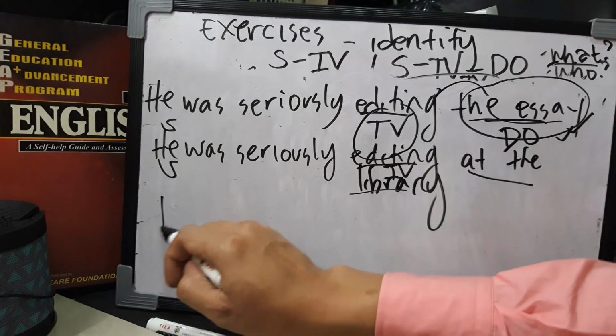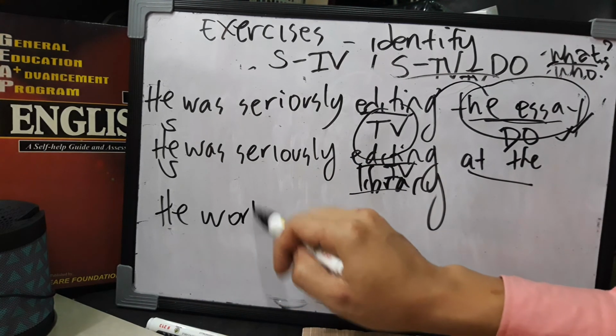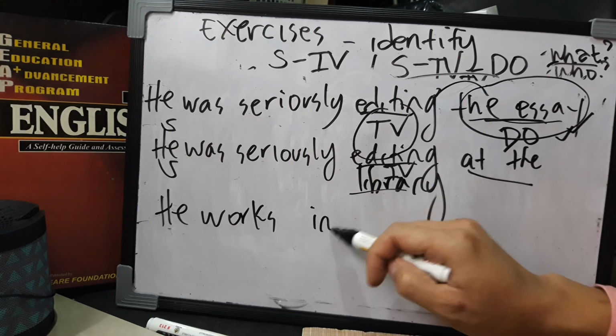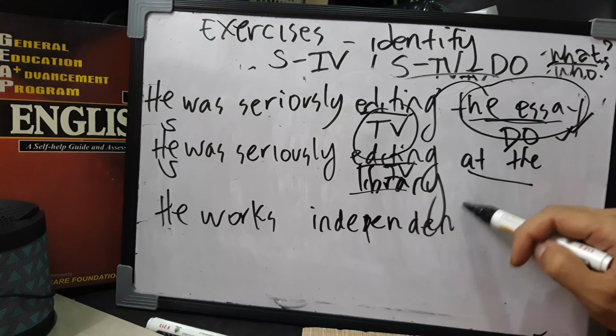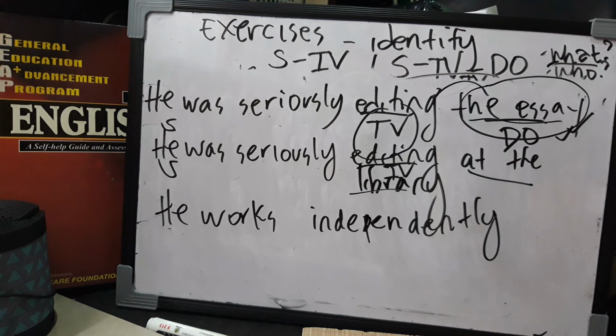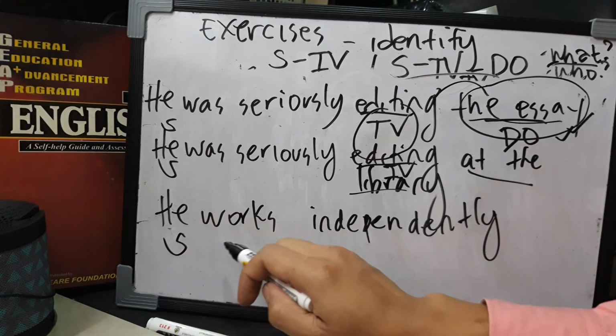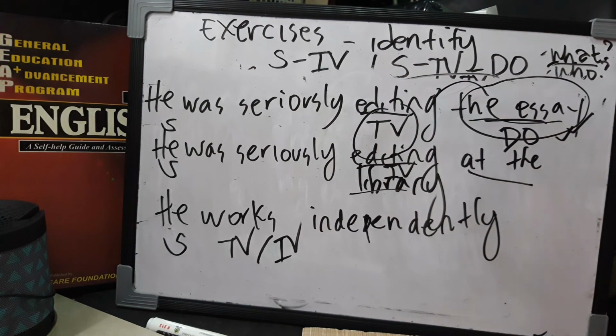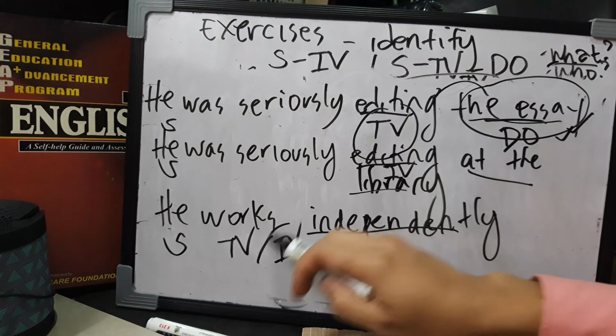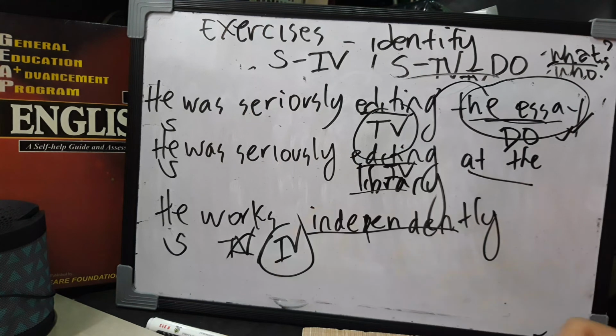Okay, this one. He works independently. So in this case, guys, is it SIV or is it STVDO? He works how? Okay, so this is an adverb. So it's an intransitive verb.